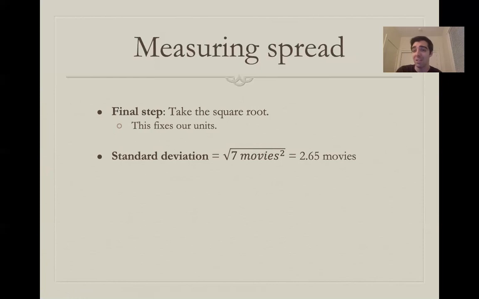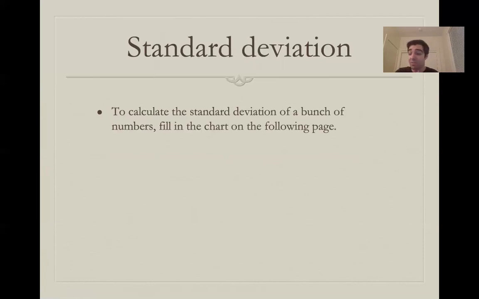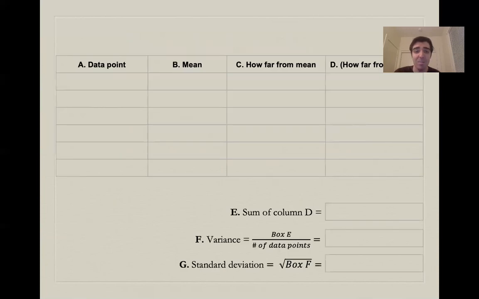We'll practice what this intuitive notion means in class next time. But first, let's do one more practice. To calculate the standard deviation of a bunch of numbers, you're going to fill in the table on the following page. Basically, you fill out your data points, find the mean of those, and copy that down as many times as you need.